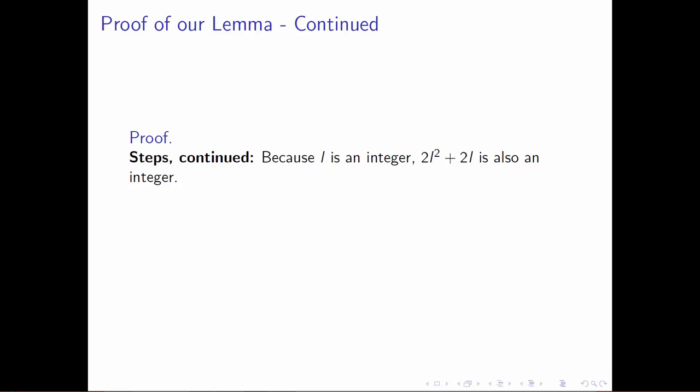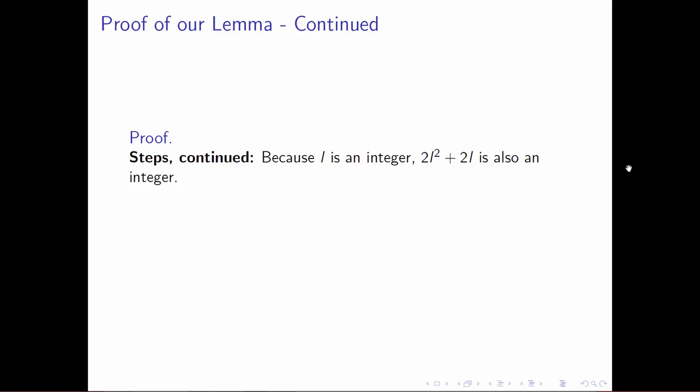Well, my justification for why that holds is that l is an integer. If I started with an integer and I multiply it by 2, I'm still going to have an integer. So this 2l right here is an integer. And similarly, if I take 2l, which is an integer, and I multiply it by another integer, l, I'm still going to get an integer.